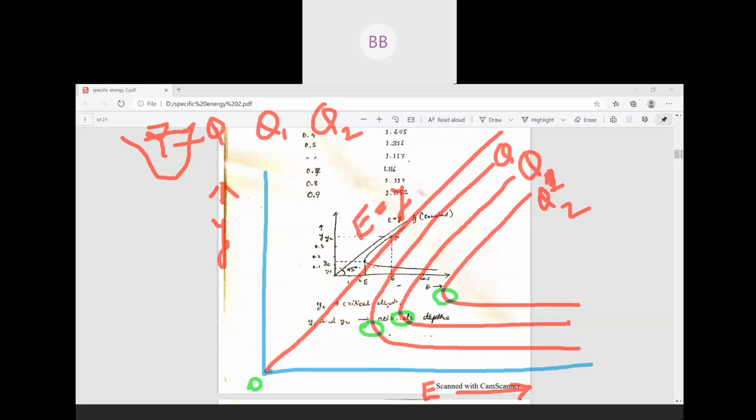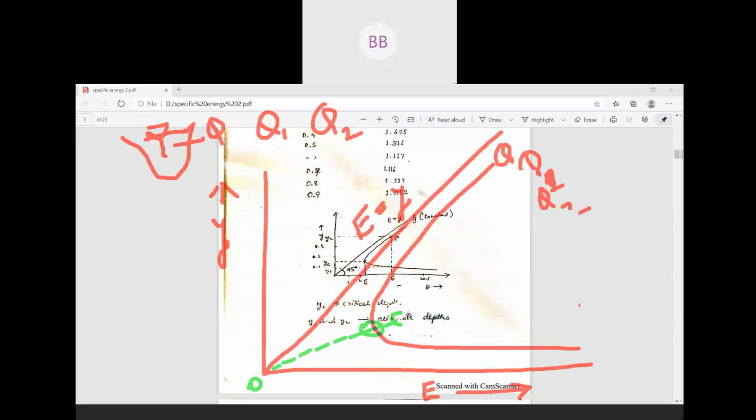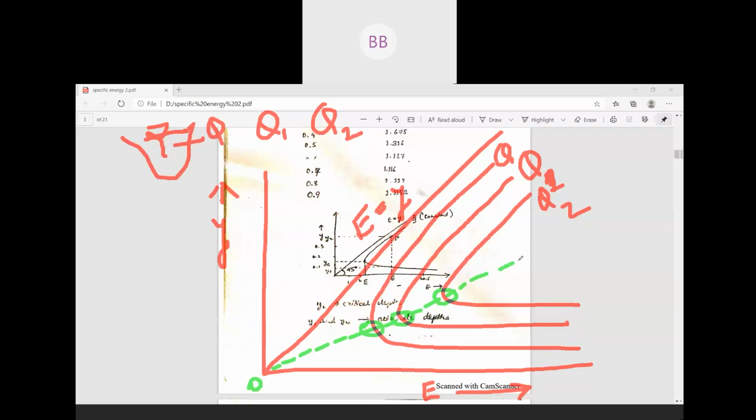If you join a straight line connecting all your minimum specific energy points, it divides the whole curve into two portions, an upper portion and a lower portion.